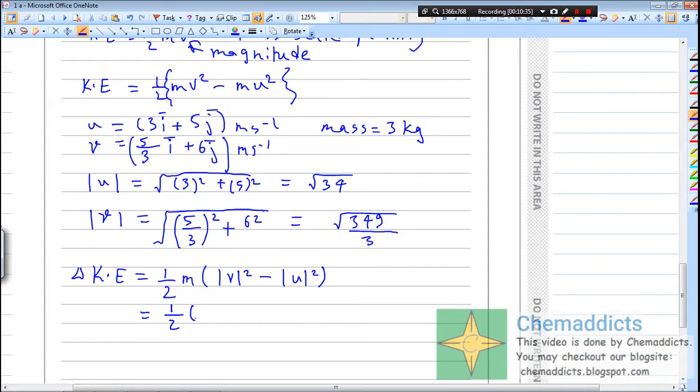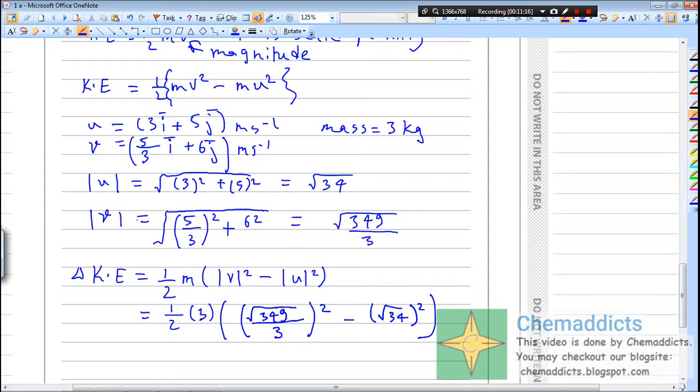Here half, the mass in this case is 3, and let us substitute the values for the magnitudes that we have found earlier. So this should be root 349 divided by 3 whole square minus root 34 whole square.